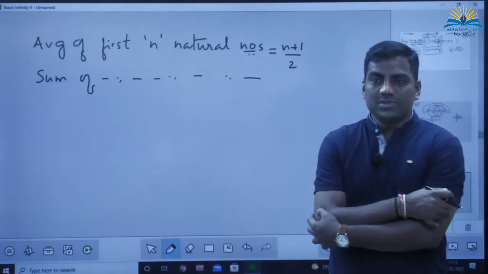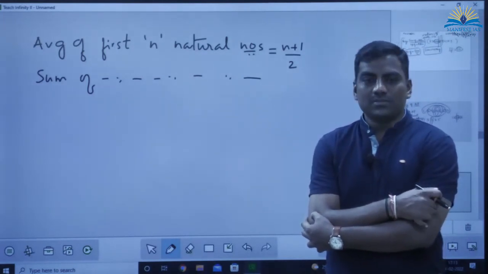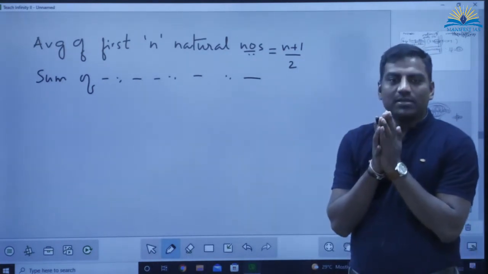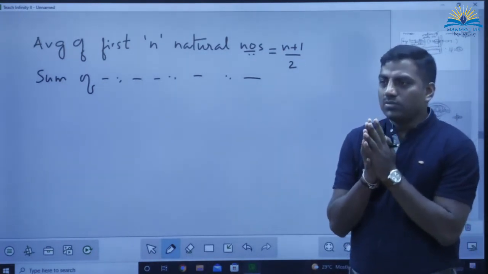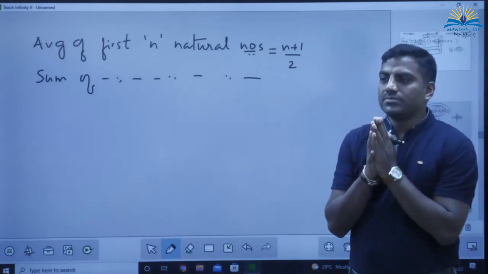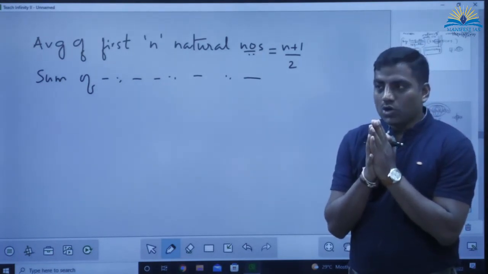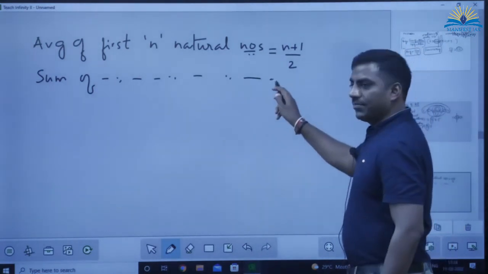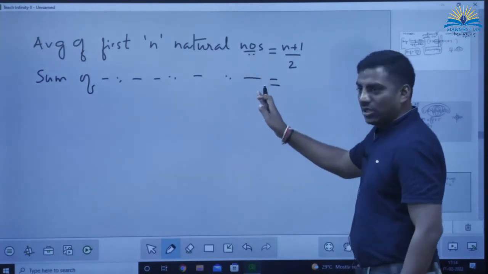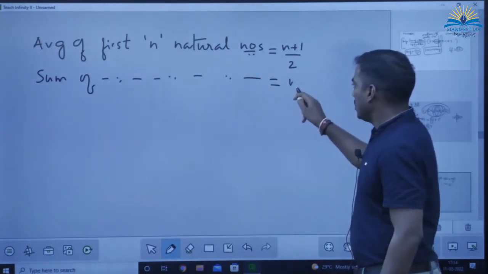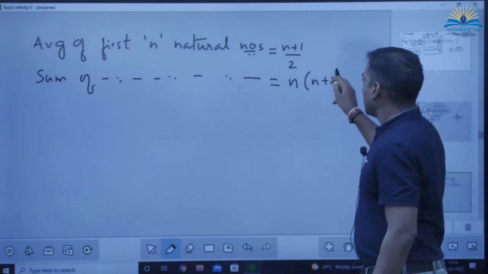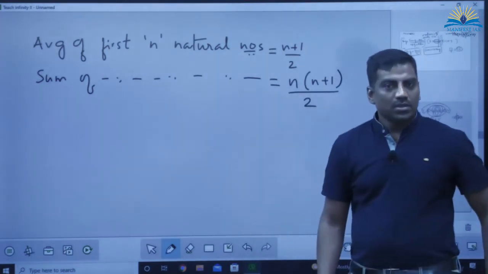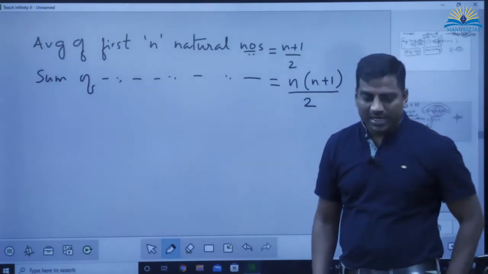You have the average with you; give me the sum. Sum is equal to n into average. So the sum of the first n natural numbers is n into (n plus 1) by 2.